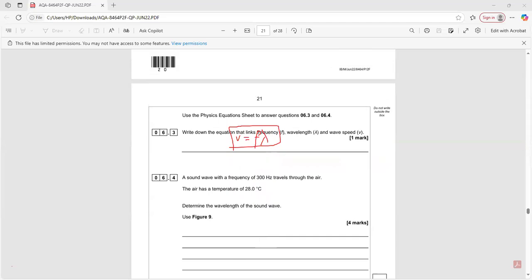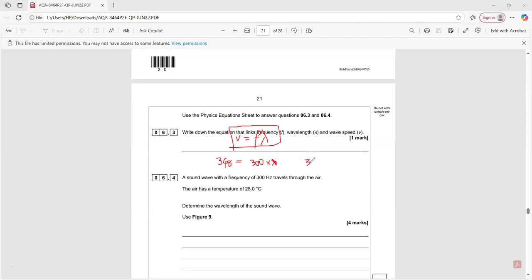348 meters per second is the speed. You equate that to frequency, which is 300 hertz, times the wavelength, which is unknown. So just put your lambda there. Anytime something is multiplying what you don't know, simply divide both sides by that thing.